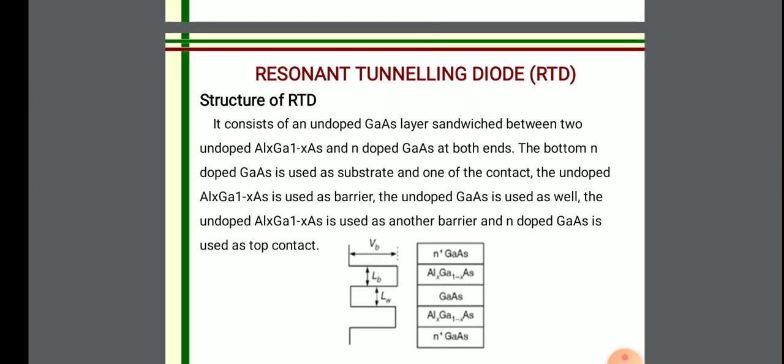Structure of RTD. See, in this structure also there are heterojunction layers. Here gallium arsenide is sandwiched between two gallium arsenide layers and two aluminium gallium arsenide layers. The bottom gallium arsenide layer is used as a substrate and also acts as the contact, and meanwhile the middle aluminium gallium arsenide layers act as a barrier, and the top gallium arsenide layer acts as a contact.